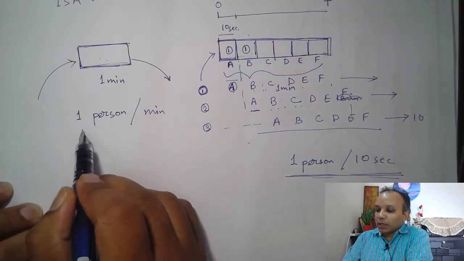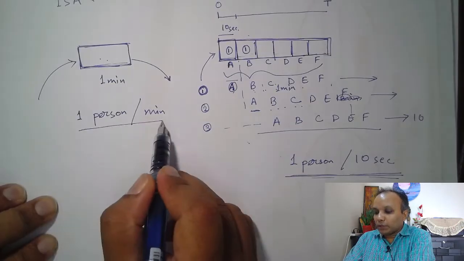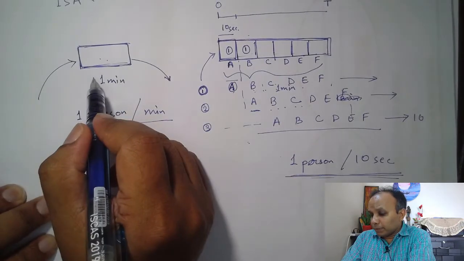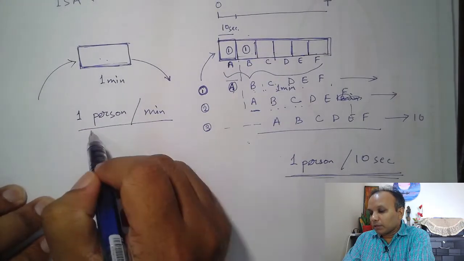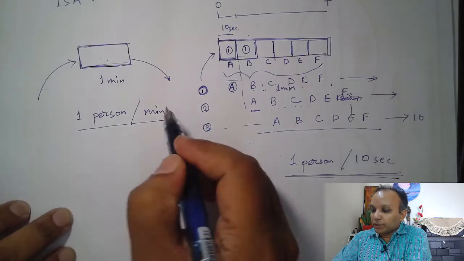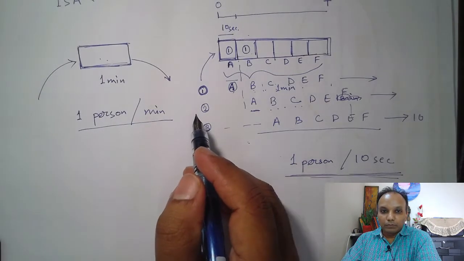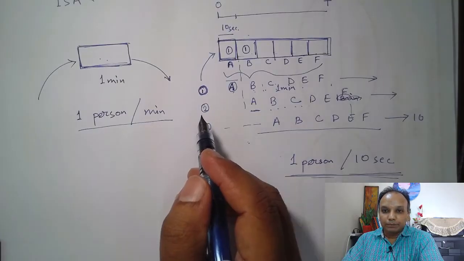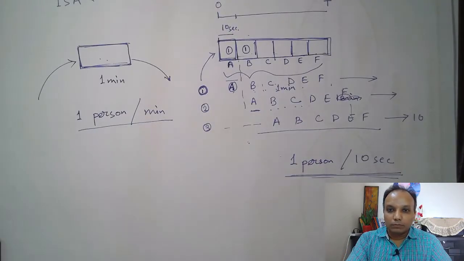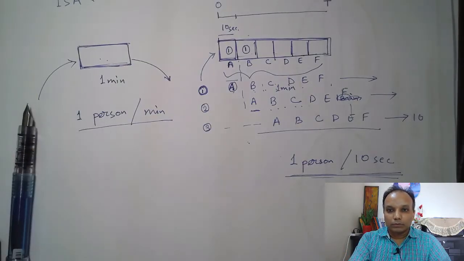Whereas, if my requirement is such that I can live with this, it will be much cheaper and it might solve my purpose. So, you see that here the organization is different, but the architecture is the same. Does this make sense? All right.